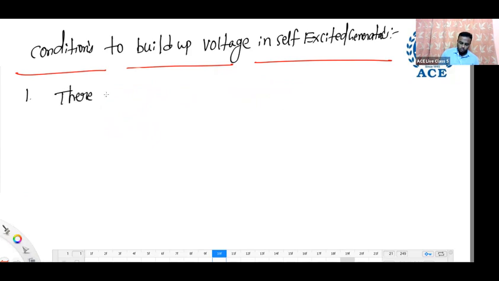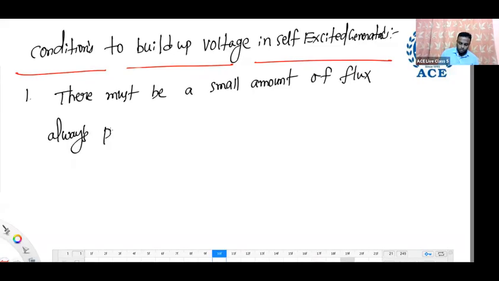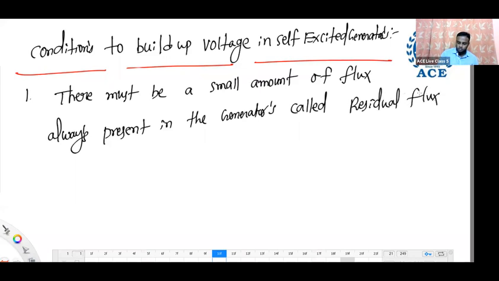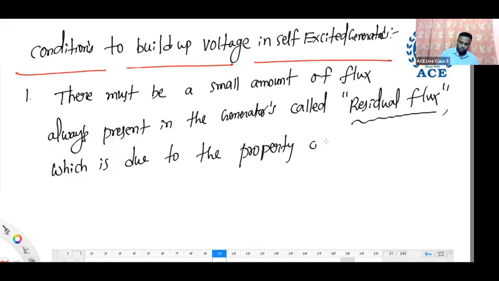There must be a small amount of flux always present in the generator, called residual flux, which is due to the property of retentivity.